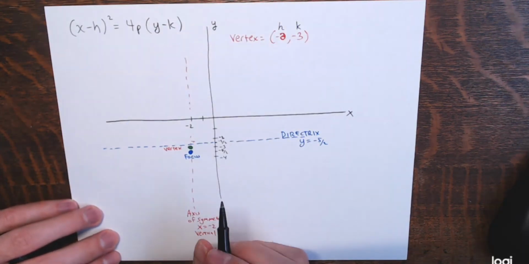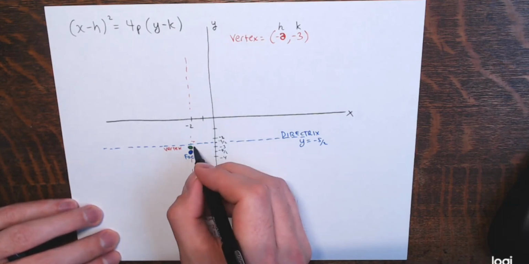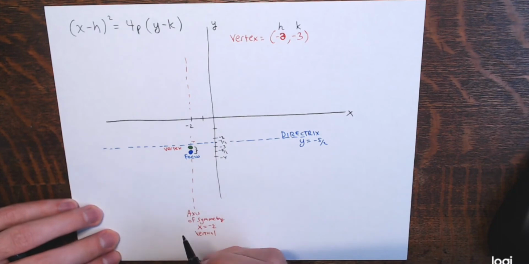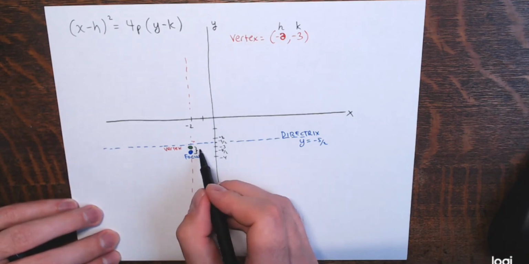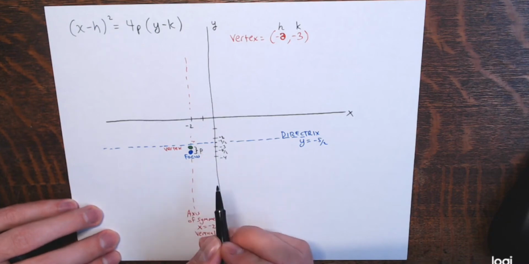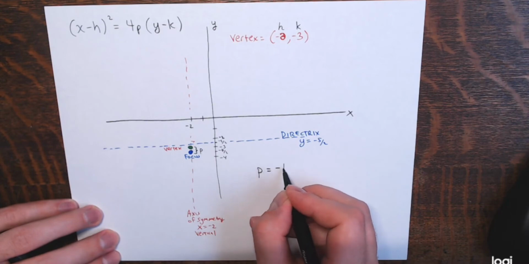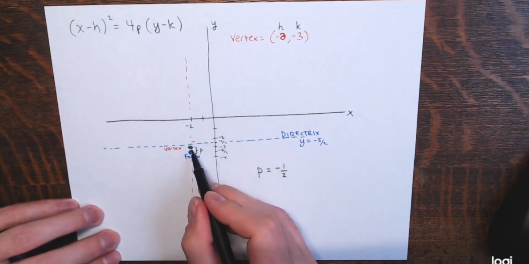Now if you see here, the focus is below the vertex. That means p is negative. And you just need to see how many units that is. From -3 to -7/2, that's -1/2. So the value of p is -1/2, because, again, the focus is below the vertex.